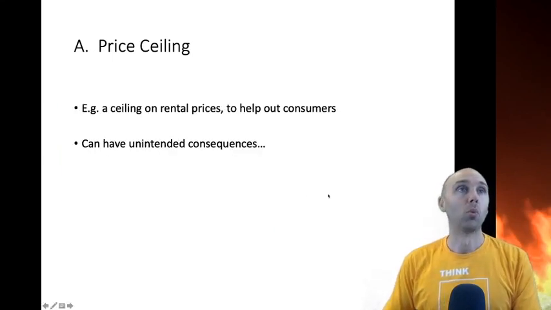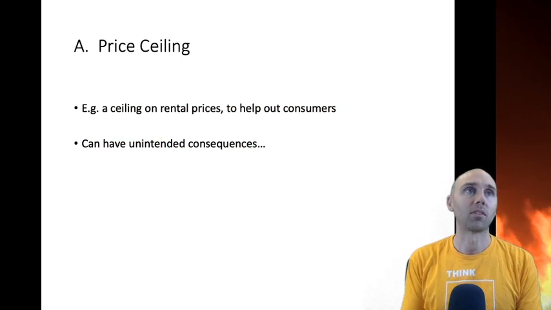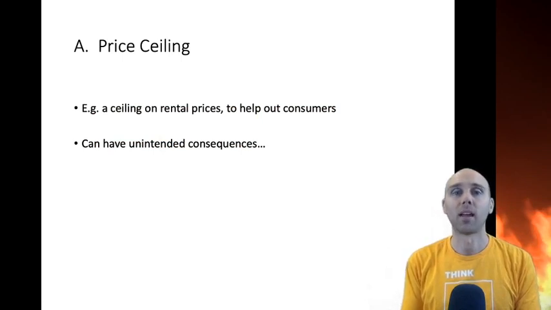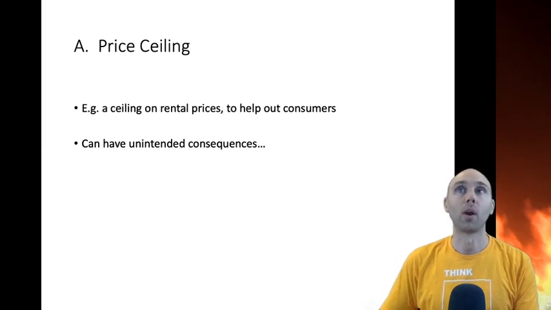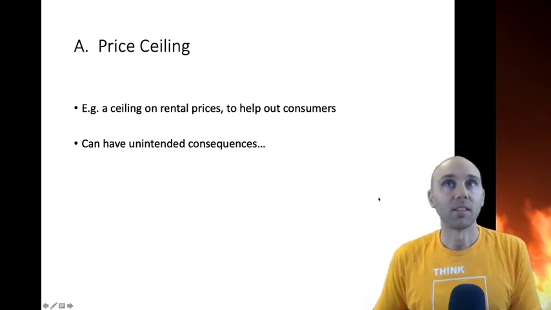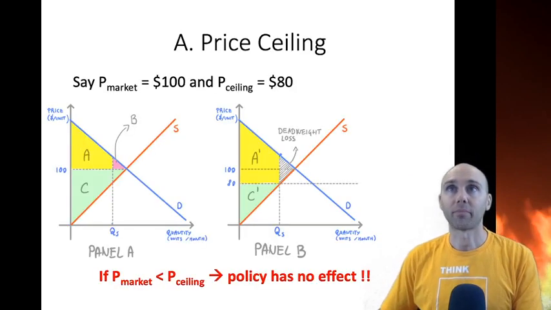A more regular and traditional example has got to do with the rental market, and in particular, placing a ceiling on rents to help out consumers, which has been tried, for example, famously in New York and also in San Francisco. But there can be unintended consequences to doing this.